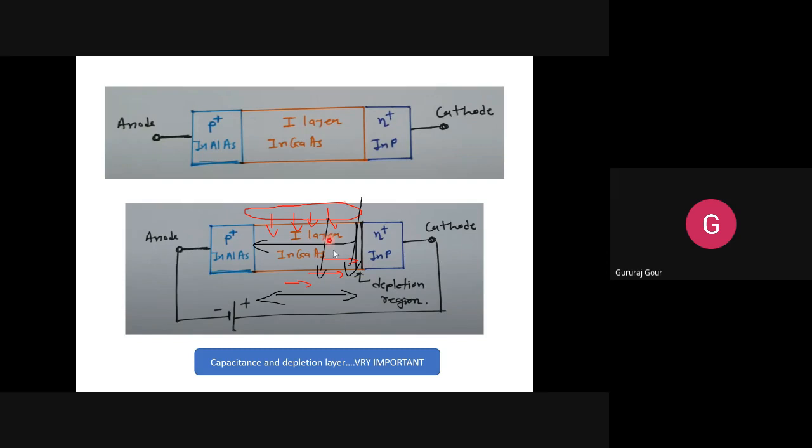Understood? So the important thing you have to observe here is that this depletion region capacitance will be less.